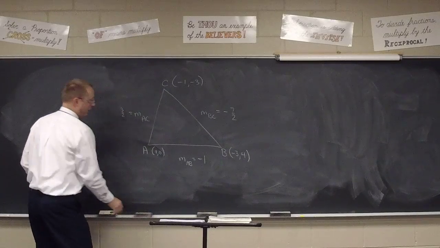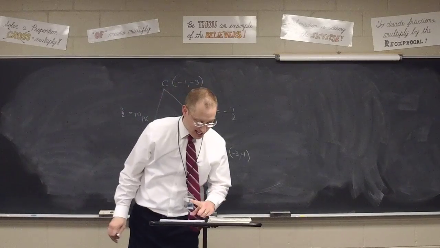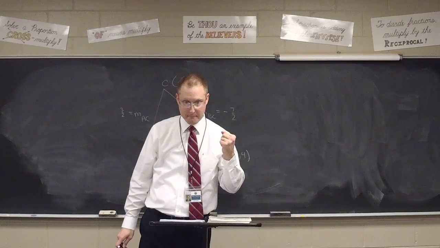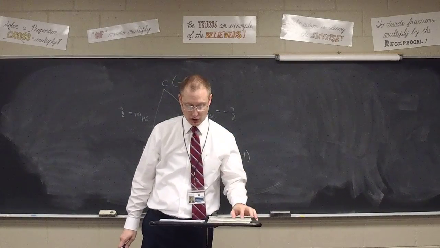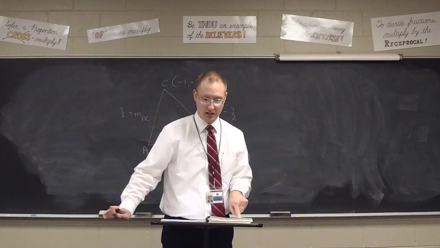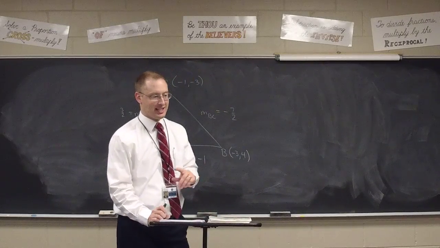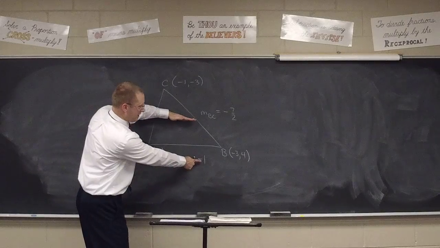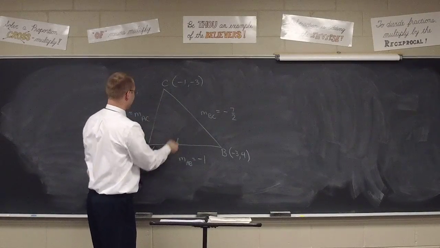All right, next thing it wanted, it said find the slope of each side and the median. Okay, now that's not the no-name line. If it was the no-name line, it'd be -1, -7 halves, 3 halves, right?